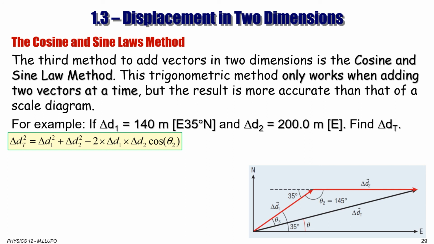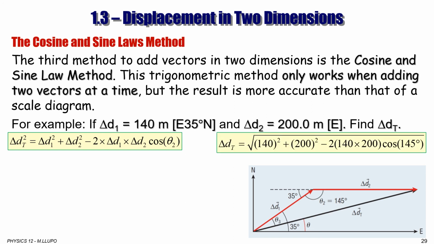Okay, so theta 2 is 145, so delta D total is the square root of 140 squared plus 200 squared minus 2 times 140 times 200 times cosine 145 degrees. Where did this 145 degrees come from? You know that's 180 degrees for a wide flat angle.